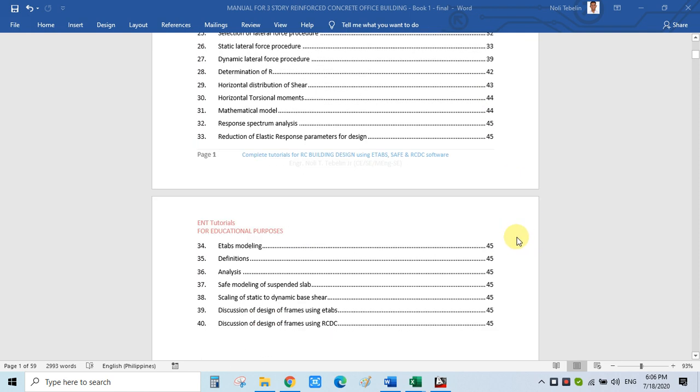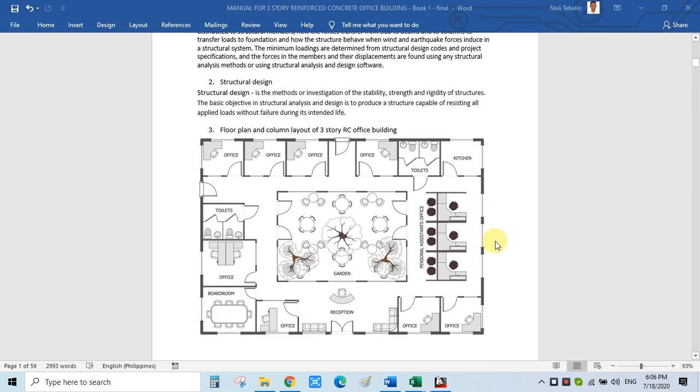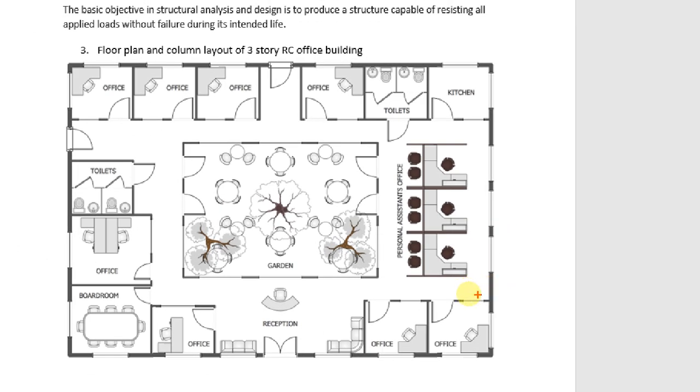Okay, so this is our floor plan. Basically, these are our architectural plans. So this is the ground floor level.